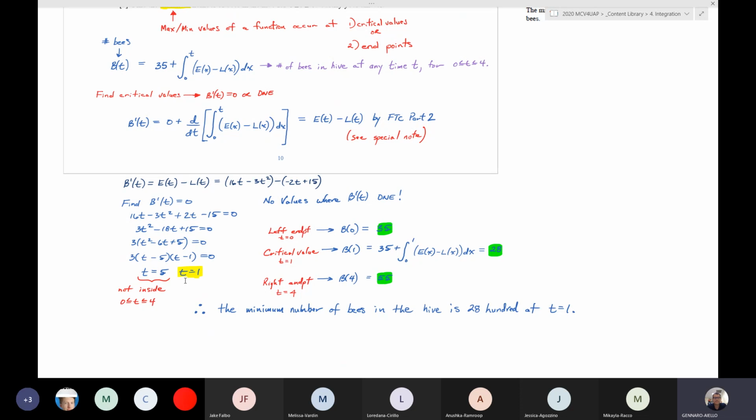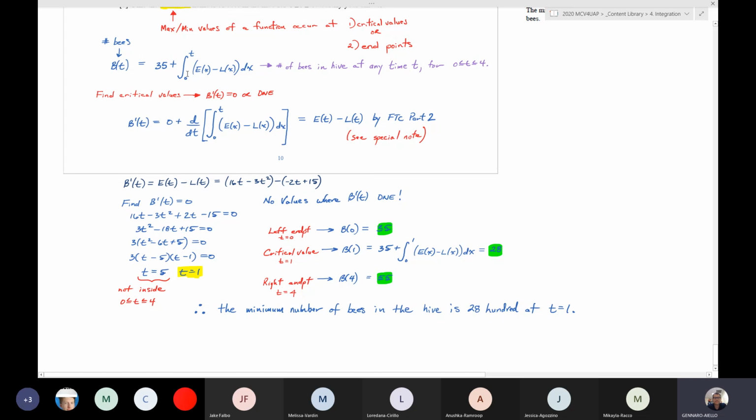So now how do I use that? I got to take my original function that represents the total number of bees, and I'm going to evaluate it at the endpoints 0 and 4, and I'm going to evaluate it at the only critical value we have, which is t equals 1. Okay? So at the left endpoint, where t is equal to 0, I sub 0 into my function for b of t, not b prime, b of t, the total number of bees.